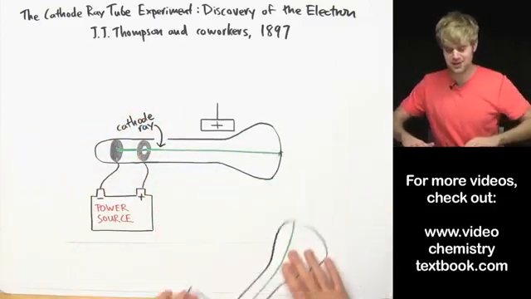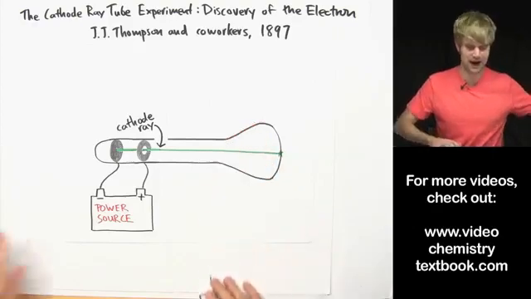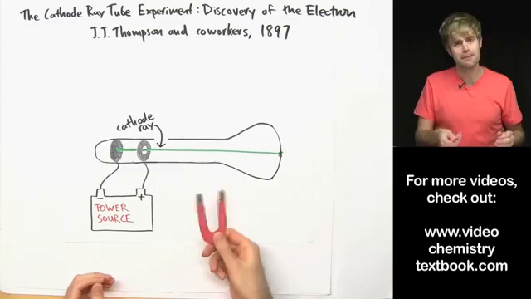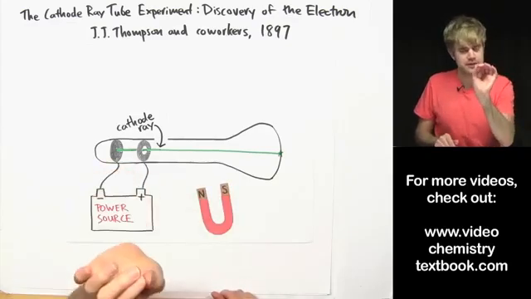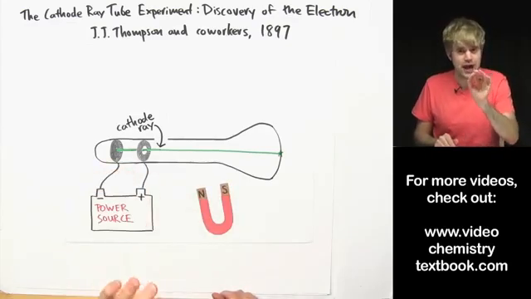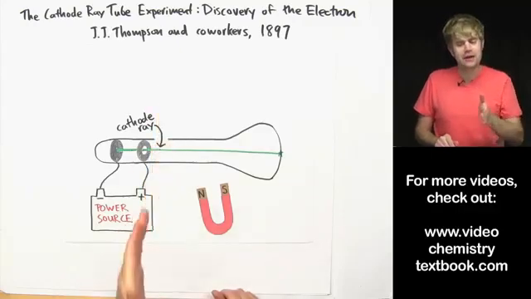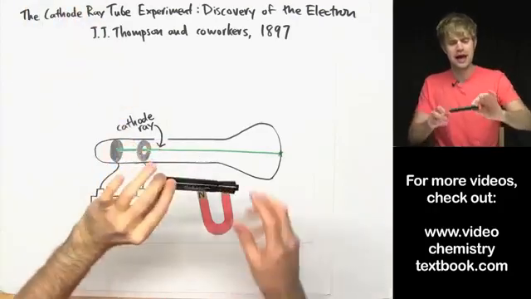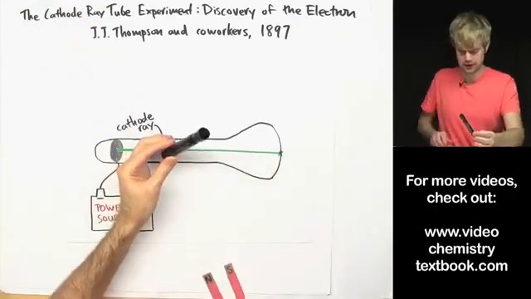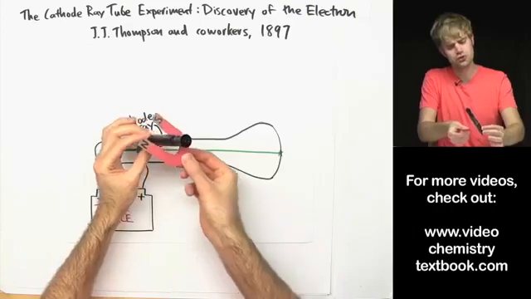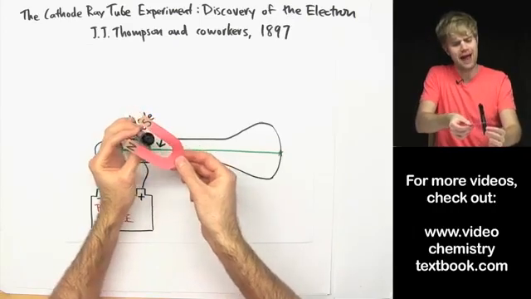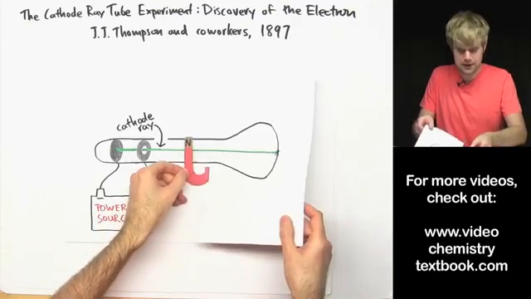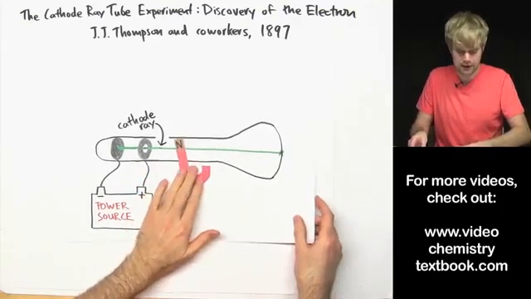But just because he wants to be very careful, he's a very careful guy, he tries to check this another way. So he uses a magnet. If something has an electrical charge and it's moving, a magnet will push it in particular directions. So he takes a cathode ray tube, if you want to think that this marker is kind of the cathode ray tube, and he surrounds it with a magnet, just like this. We can kind of show what goes on by slipping the magnet under like this.